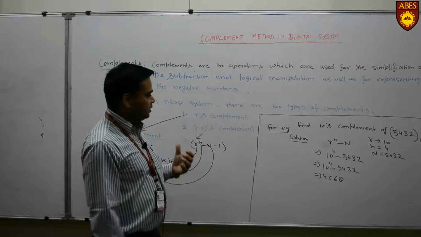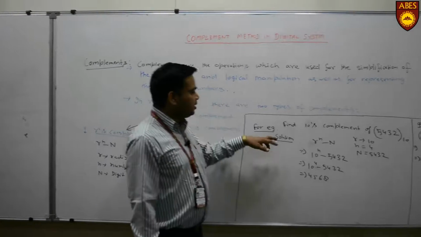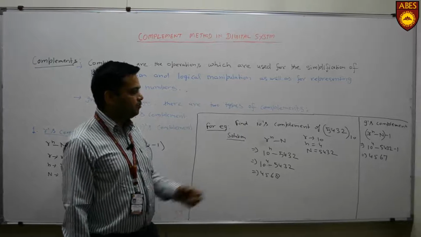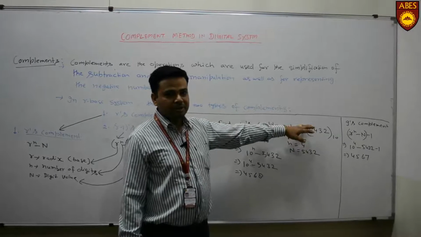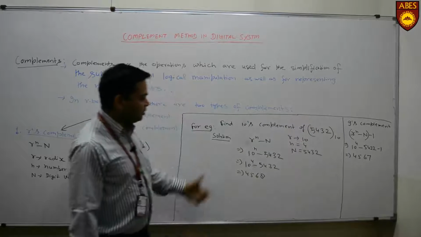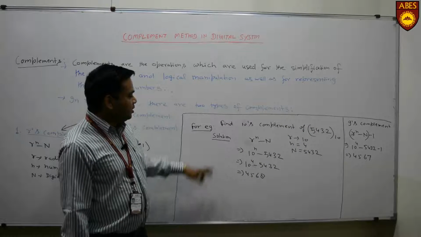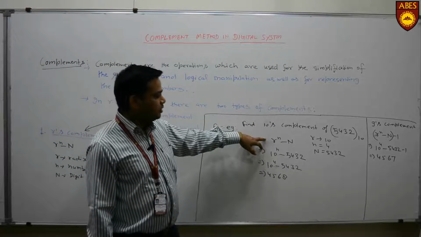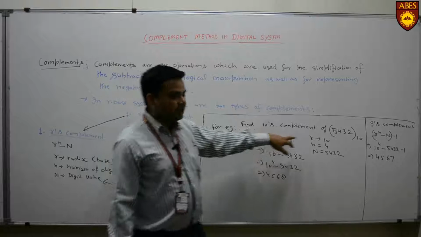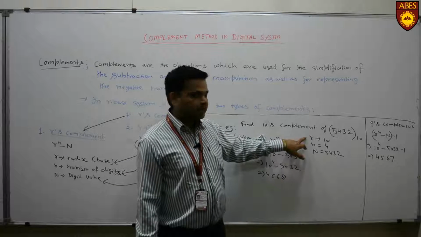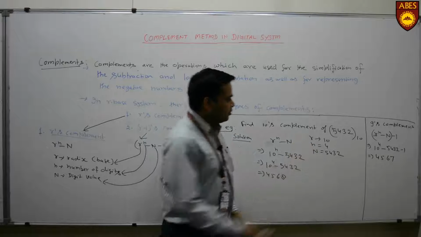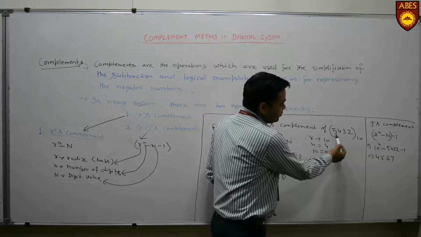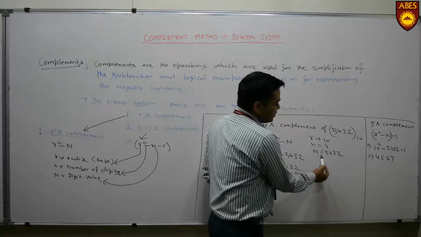Let us discuss these methods with the help of an example. Suppose we are taking this example: find the tens complement of the number 5432, a decimal number whose base value is 10. For this calculation, we use the formula r raised to power small n minus capital N. Here small r is 10, small n is 4, that is the number of digits, 1, 2, 3, 4, and capital N is the digit value.